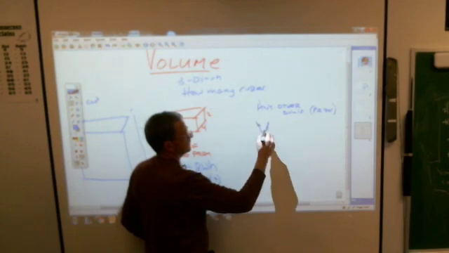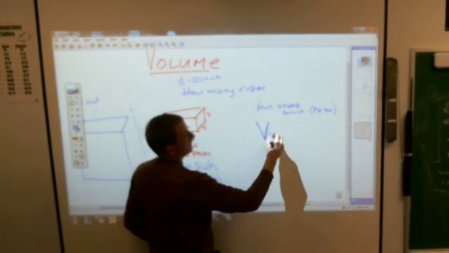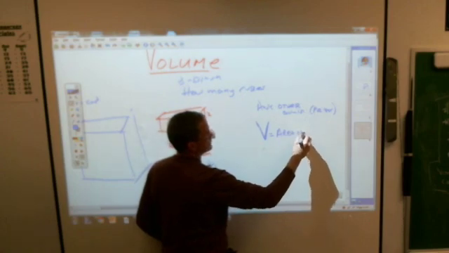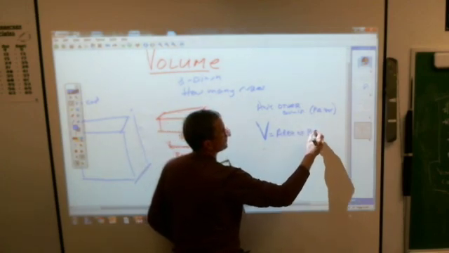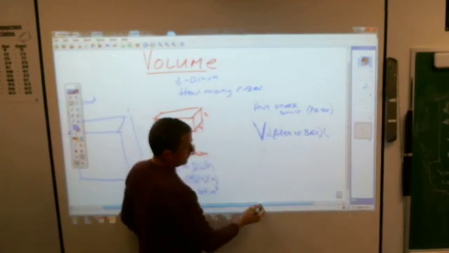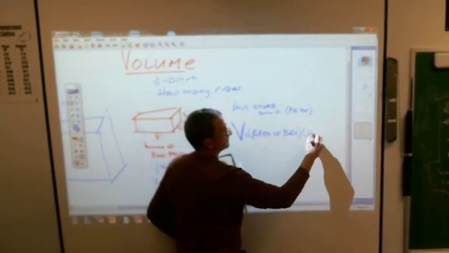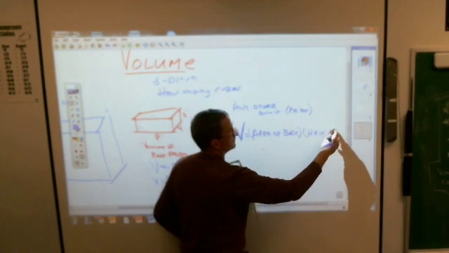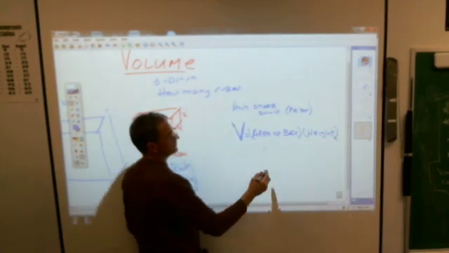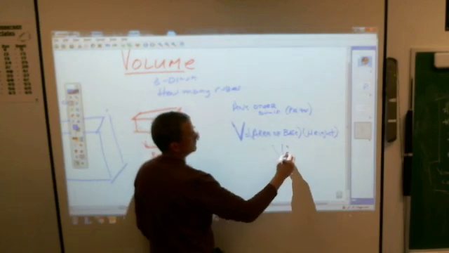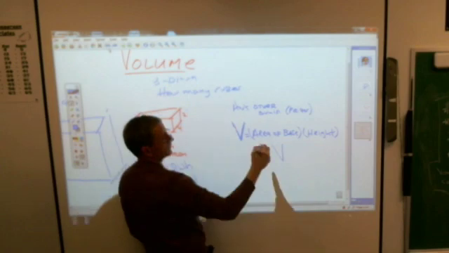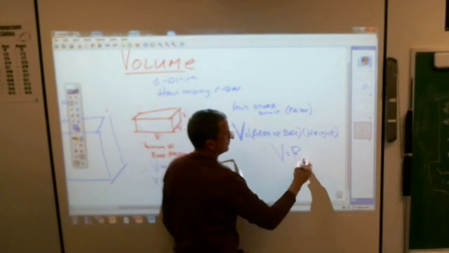Volume equals the area of the base times the height of the shape, which, if you abbreviate it in letter form, simply is this. Volume equals BH.